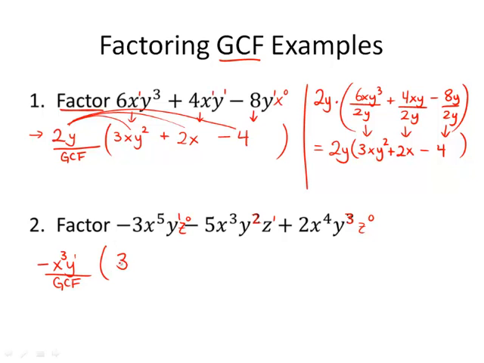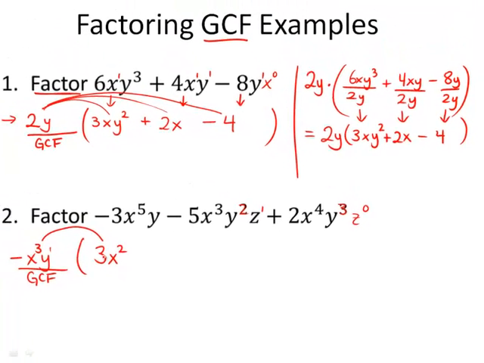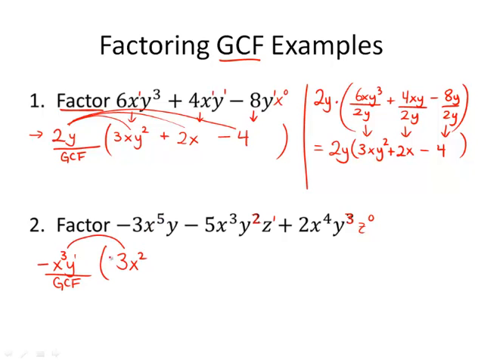Well, we need to multiply by 3, x to the 2, and we already have a y. So let's just double check that here. X cubed times x squared gives us x to the 5, 1 times 3, negative 1 times 3 gives us negative 3, and y times no y's gives us a y. Check.